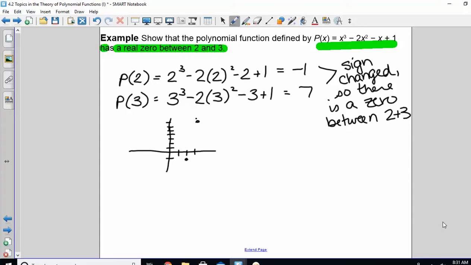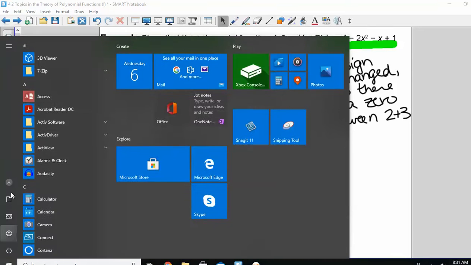Let's graph this on our graphing calculators and see if we can agree with that. So use your Chromebook if you don't have a calculator here.